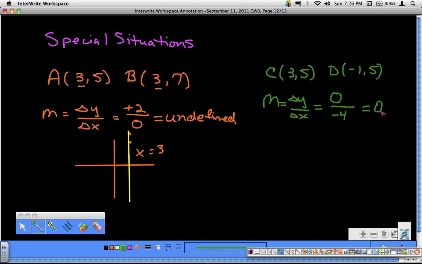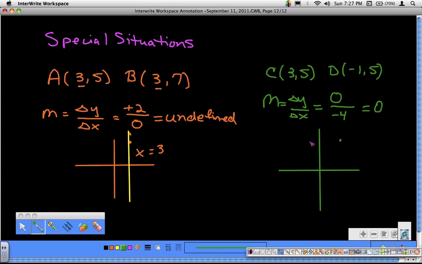So let's take a look at what this would look like on a line. So this one on the line, let's set up our xy axis first. Goes like this. Now let's plot those 2 points. So if I go 3, 5, I could go 3 to the right and 5 up. If I went negative 1, 5, I could go 1 to the left and 5 up.